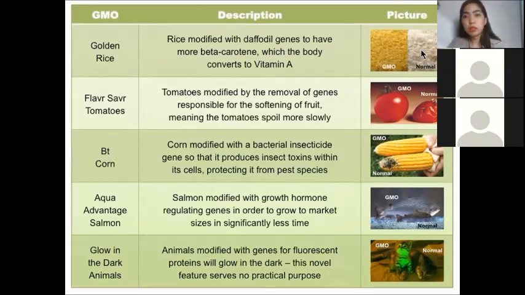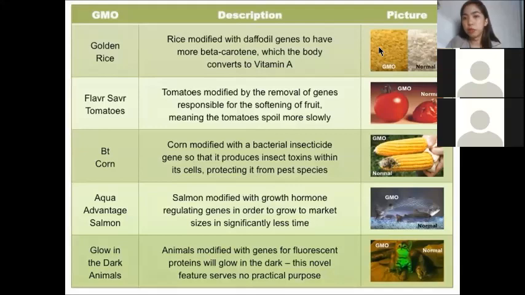Parang ang ganda nito kasi pwede siyang ma-apply in our everyday life. Yan. So, rice modified with daffodil genes to have more beta-carotene, which the body converts to vitamin A. So, as you can see, dun sa golden rice tsaka sa normal rice, mas maganda yung genetically modified organism compared to the normal one.